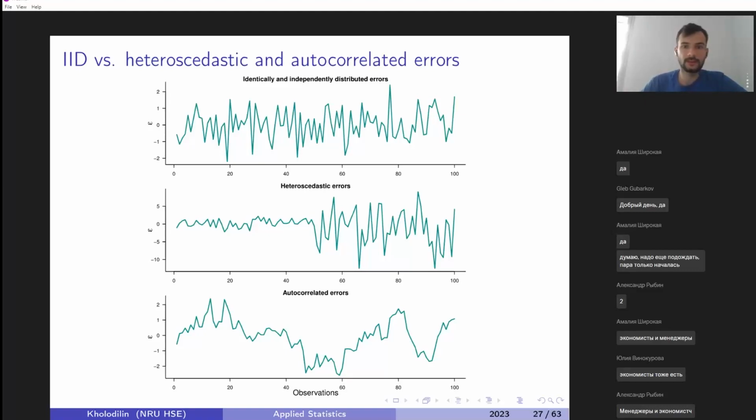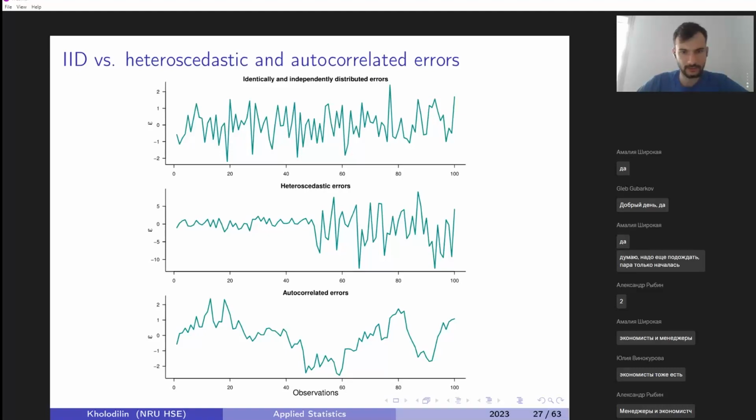And then stochastic errors, then you have different variances, and this means that the errors can be higher or lower for different observations.